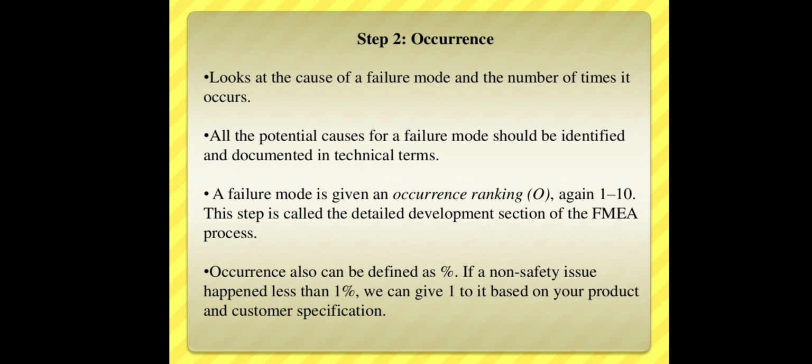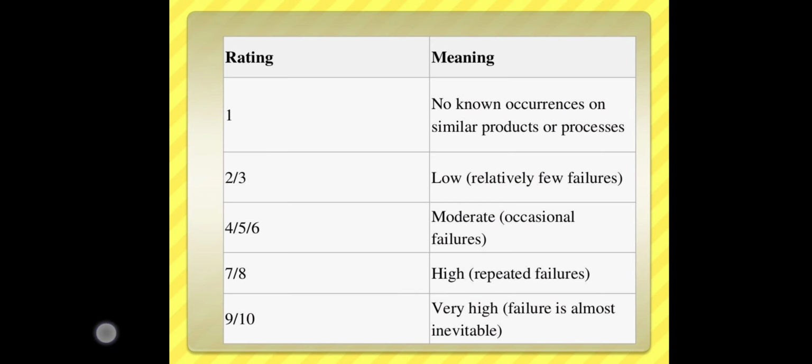Occurrence can also be defined as a percentage. If a non-safety issue happens less than 1% of the time, we can give it a 1, based on your product and customer specification.